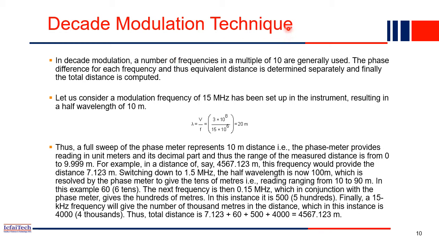Okay, so initially it will send maybe a 10 megahertz wave. Let me draw it again. You have the EDM and here maybe a reflector. In the first measurement, it will send 1 megahertz, for example, a microwave, and you will get one distance value.